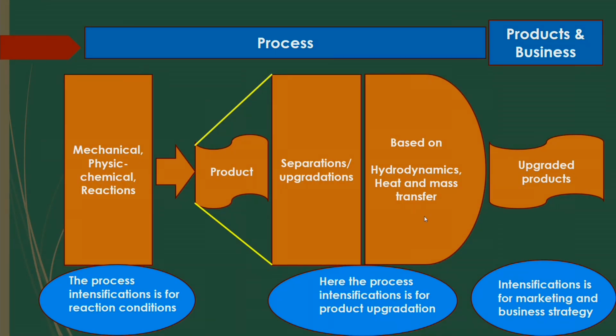So, in that case the process performance depends on different operating variables. Some of these are called dynamic variables, like flow rate, velocity of the fluid inside the reactor, and hold up of the phases inside the reactor.